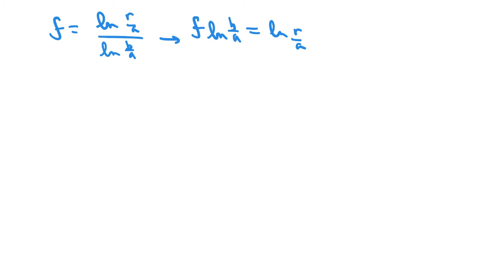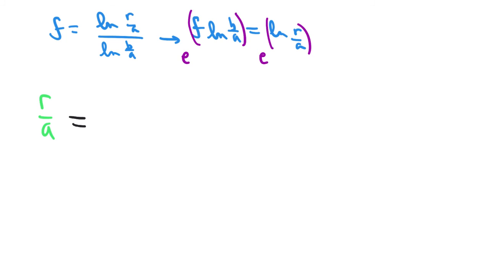Then we exponentiate both sides, so e to this stuff is e to that stuff. I'll also do a casual flip and say that e to the log r over a is just r over a.